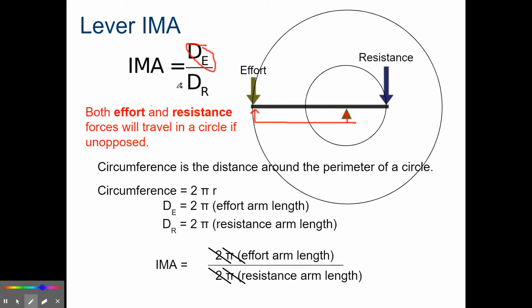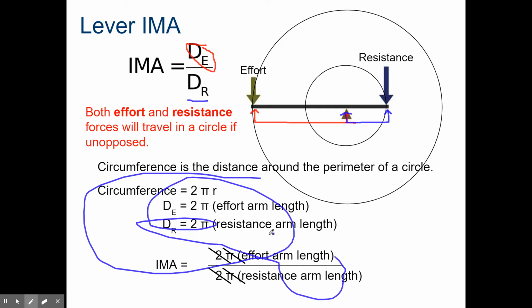Resistance distance, your denominator, is the distance from the resistance force to the fulcrum. Ignore all the other stuff. IMA equals the effort distance, from the effort to the fulcrum, divided by the resistance distance, from the resistance force to the fulcrum. Easy enough.